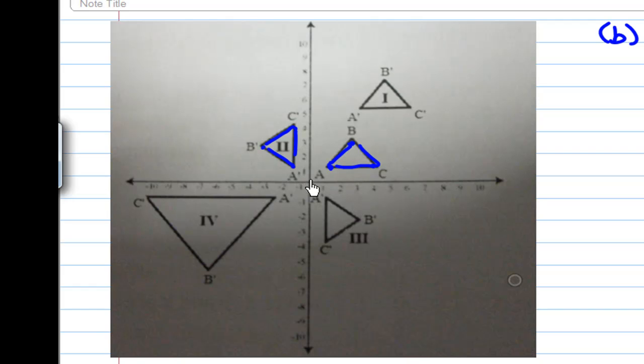This A to A prime, you notice that I actually rotate 90 degrees. Same thing, B to B prime, rotate 90 degrees. C to C prime, also a rotation of 90 degrees.